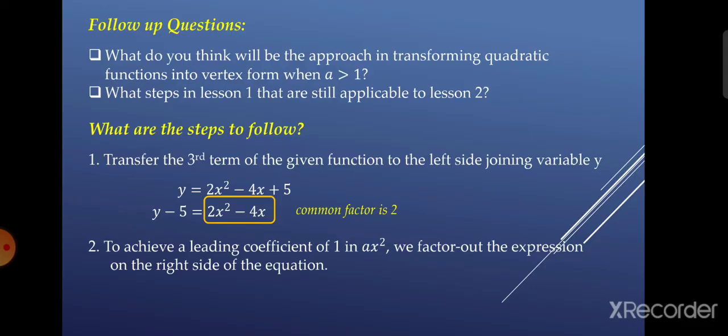The common factor of 2x squared minus 4x is 2. So y minus 5 is equal to 2 times the binomial x squared minus 2x. The common factor is 2, so 2 comes out and is multiplied with the binomial. 2 times x squared is 2x squared, 2 times negative 2x is negative 4x. We get it back. Okay. Third step.